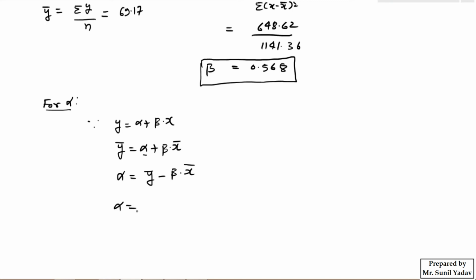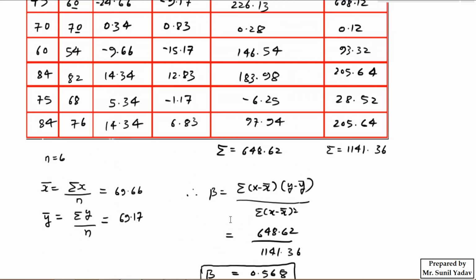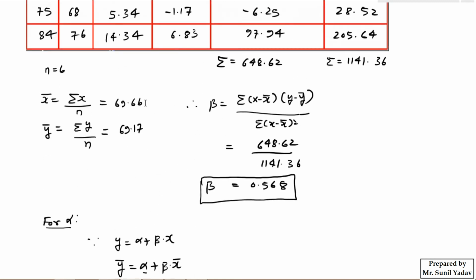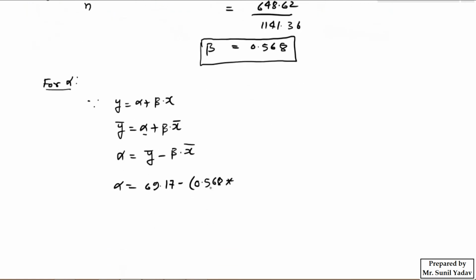Since already we have calculated y bar over here, and y bar is 69.17, we'll write over here 69.17, and beta is nothing but 0.568, and it will be multiplied with x bar, and x bar has been already calculated as 69.66, and after calculation everything here we'll get the value of alpha is nothing but equal to 29.60.